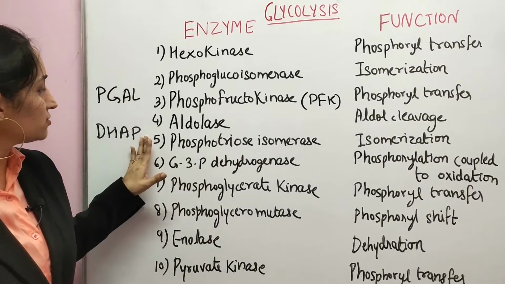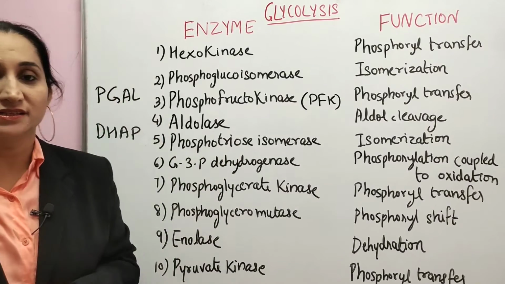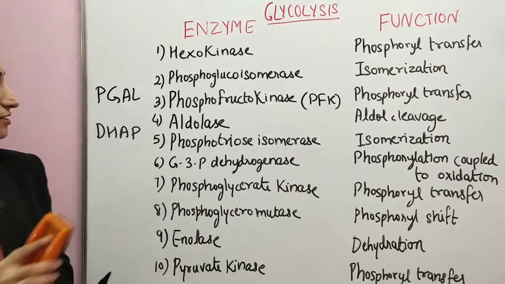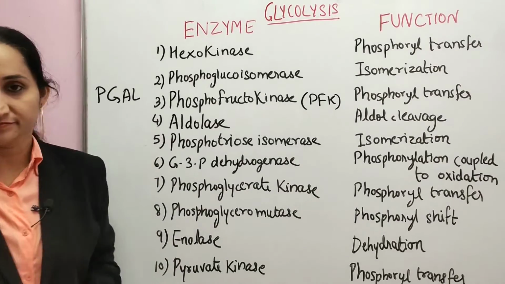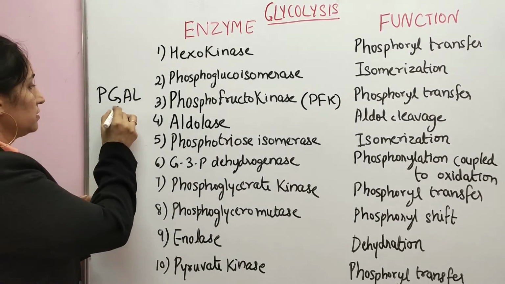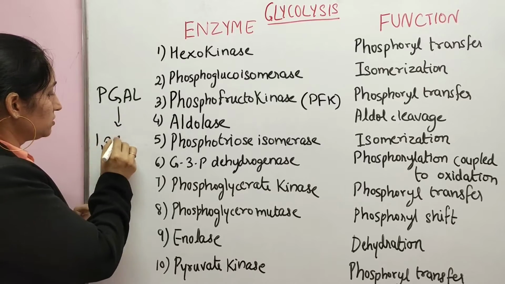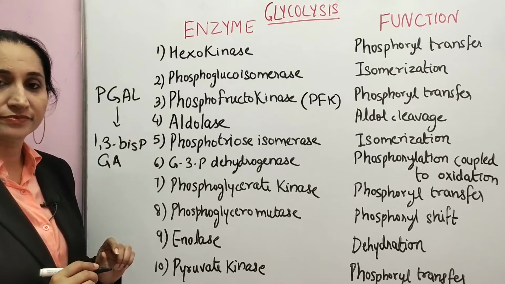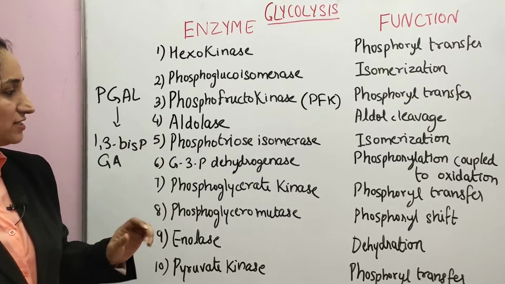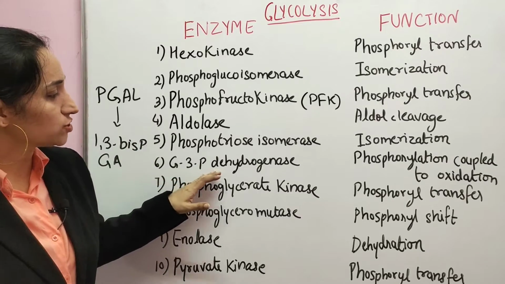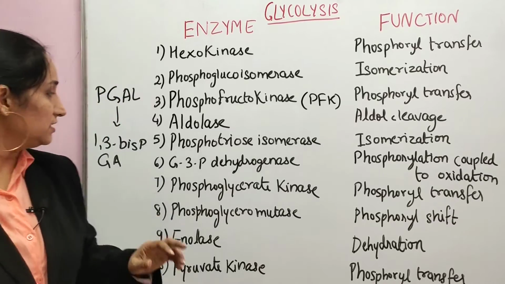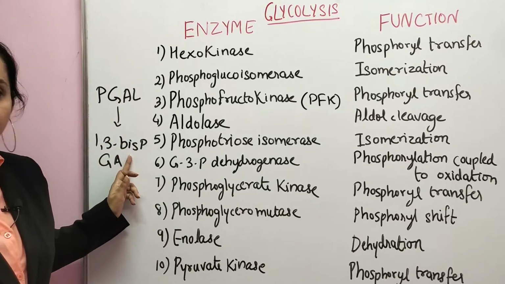Now, the next reaction is in which PGAL, that is phosphoglyceraldehyde, gets converted into 1,3-bisphosphoglyceric acid. This reaction was catalyzed by glyceraldehyde 3-phosphate dehydrogenase. In this reaction, we can see that one phosphate is also added.